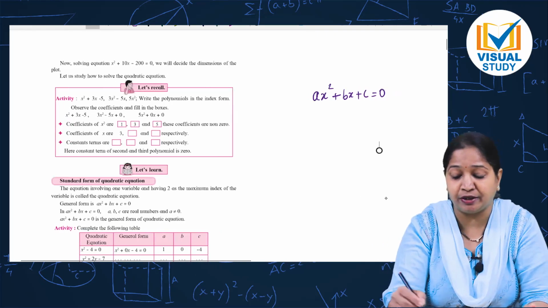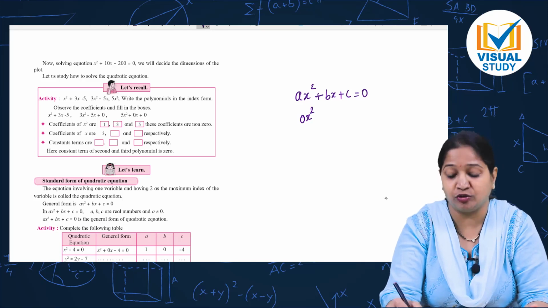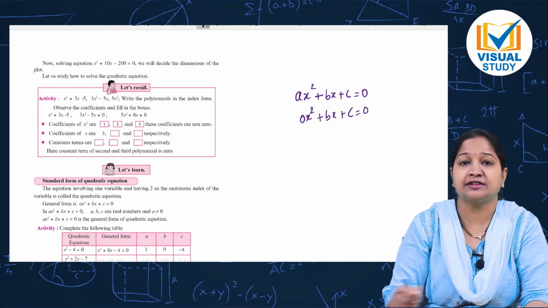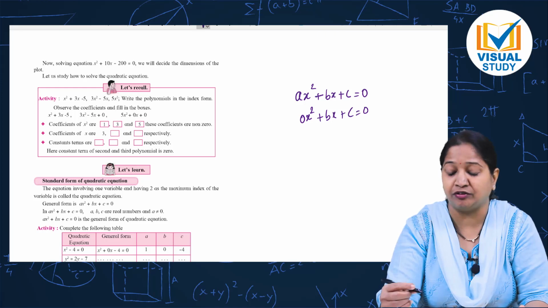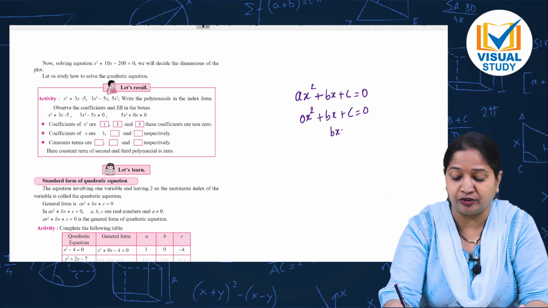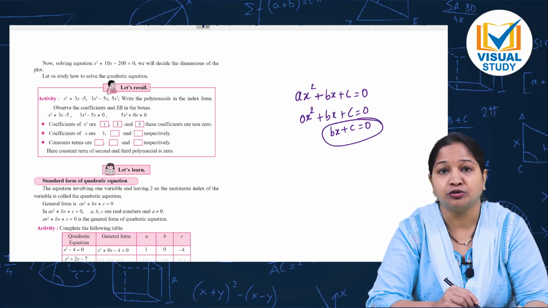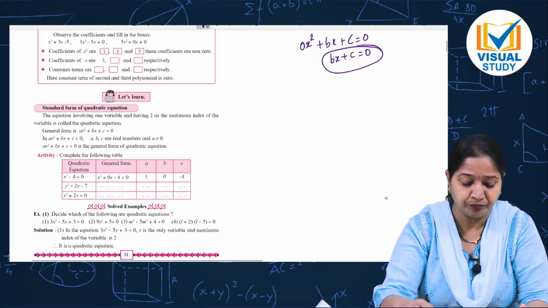Because if a, the coefficient of x square, is 0, then you get 0x square plus bx plus c equal to 0, and you get bx plus c equal to 0. Here you don't have a degree 2, so it is not a quadratic polynomial.